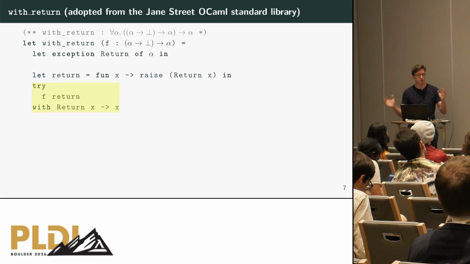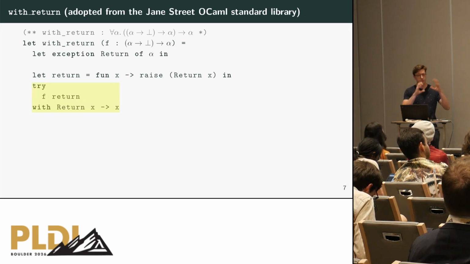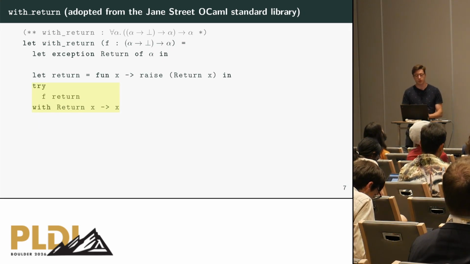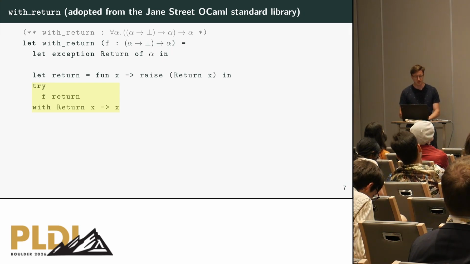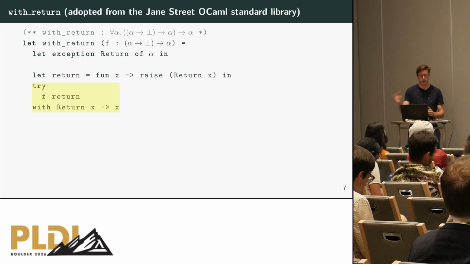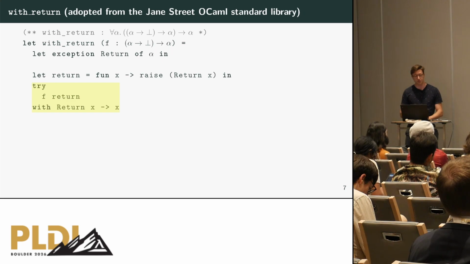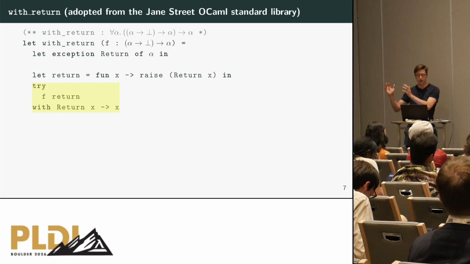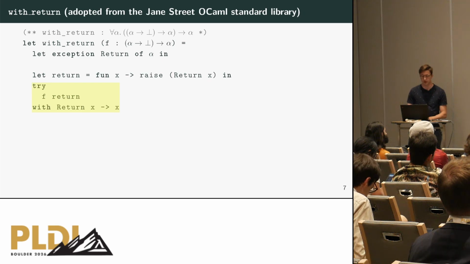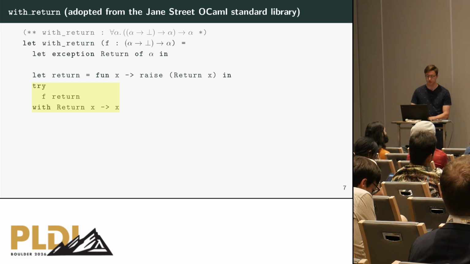And then finally, we wrap this in a try with block, which catches any return exception raised by the user. So anytime the user calls the return function, the return exception is thrown, it's captured here, and then we can pass on the payload of the return statement.